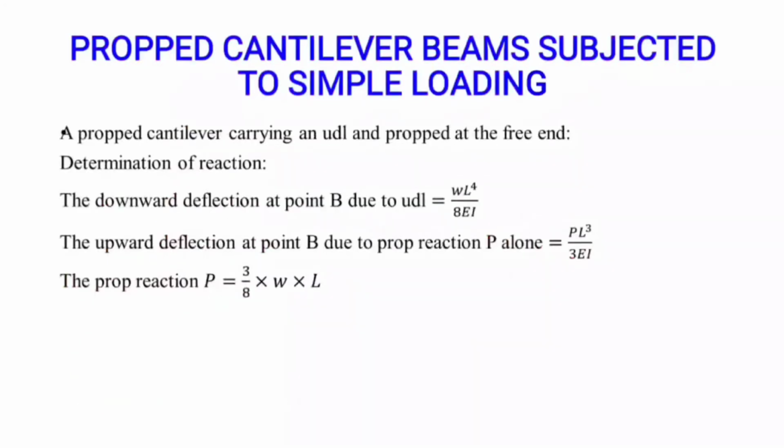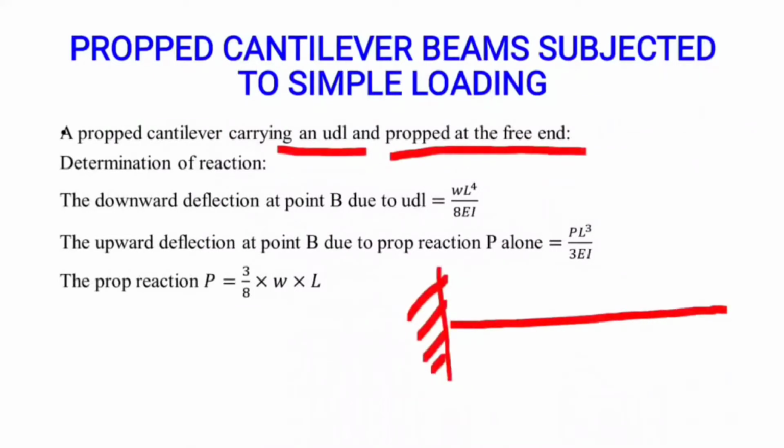Next, we move to the second case, a propped cantilever carrying a UDL, propped at the free end. This is the propped cantilever beam. I provide a vertical reaction, then it is called a propped cantilever, and the UDL is acting throughout the beam.